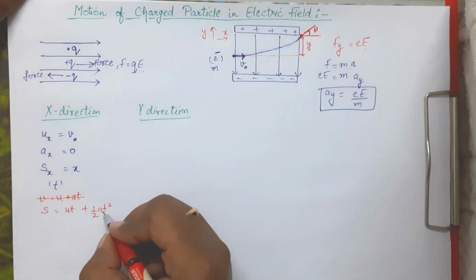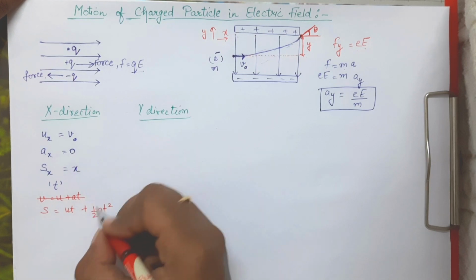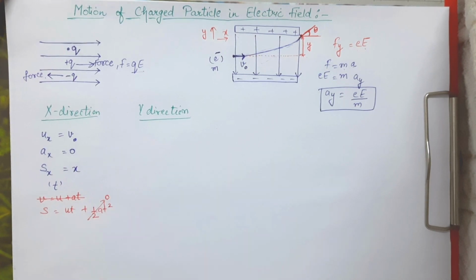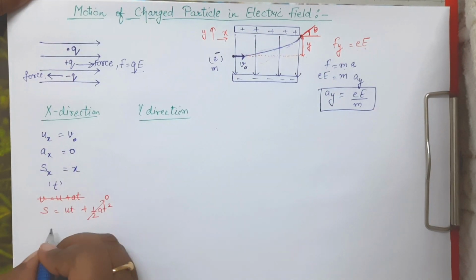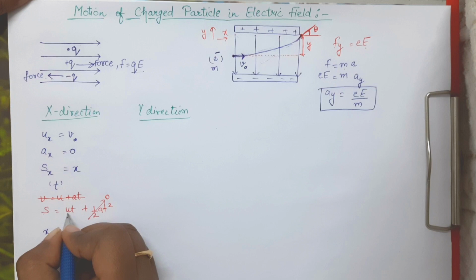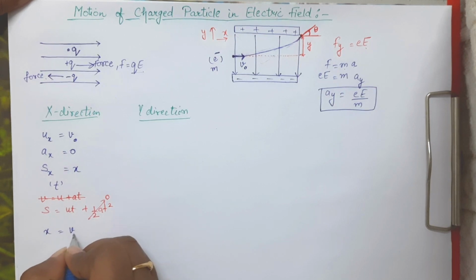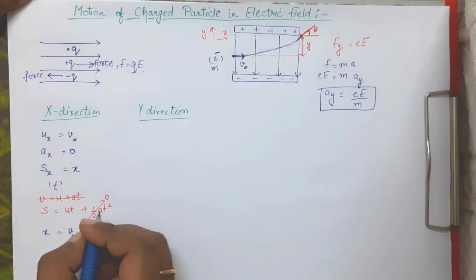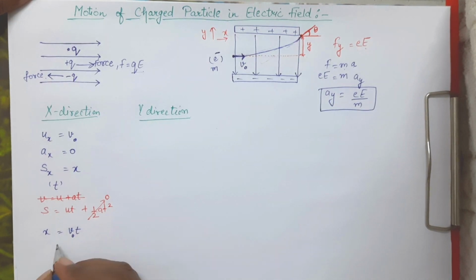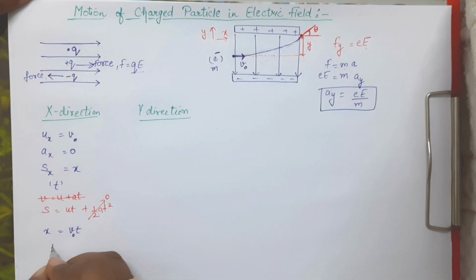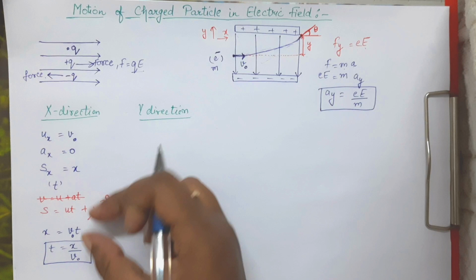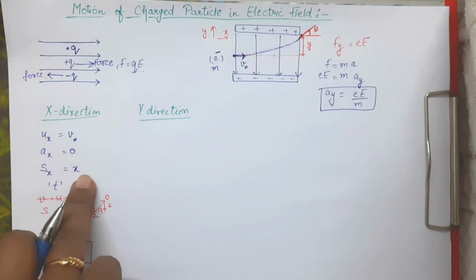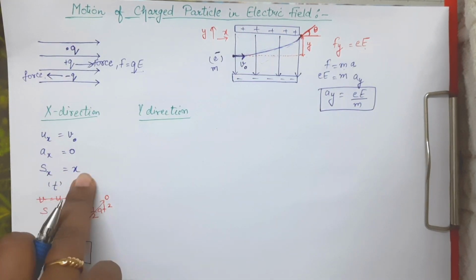Acceleration along x direction is 0, so this whole term becomes 0, right? Now s, displacement along x direction, is x, u is initial velocity, that is v naught, t is time. So from here we get time equals x divided by v naught. This is the time for displacement along x direction at x distance.